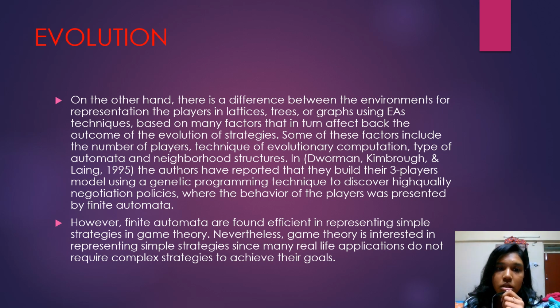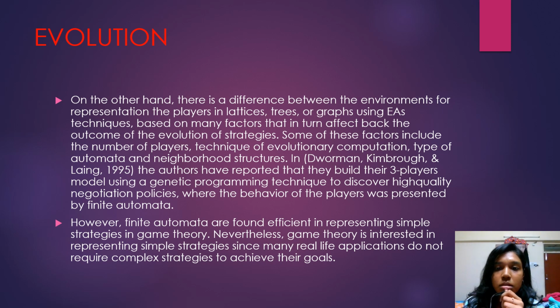Evolution. On the other hand, there is a difference between the environments for representation, the players, and lattices, trees, or graphs using EA techniques based on many factors that in turn affect the outcome of the evolution of strategies.